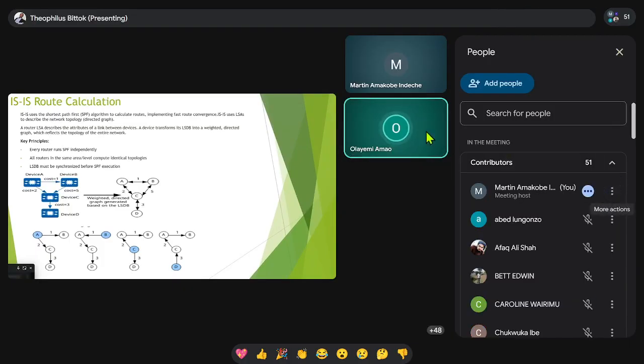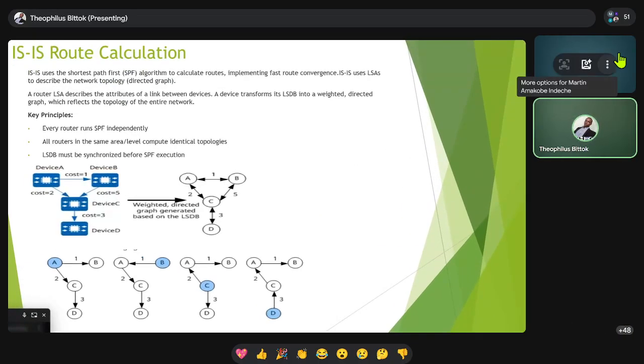Sequence number and aging. Yeah, it does play a role. Let's say, for example, I receive an LSP and I find my neighbor has a sequence number, let's say 400, and in my LSDB I had a sequence number of, let's say, 60.